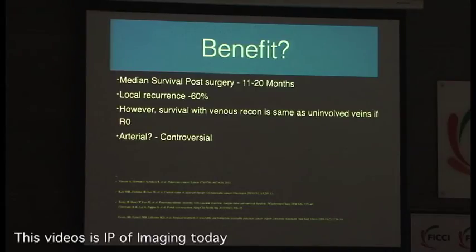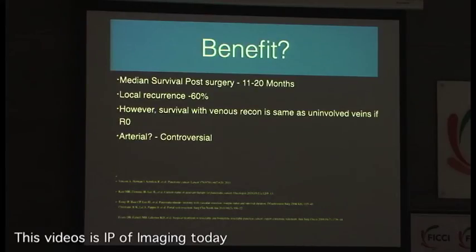Median survival post surgery for any patient after Whipple's is 11 to 20 months. After you do all this and you do grafts and you do all that, it's 11 to 20 months. Local recurrence is going to be 60%. Okay, now there is a difference between the arterial and the venous involvement. With venous involvement, the survival is the same as that if you took out the whole tumor and you put in a graft.